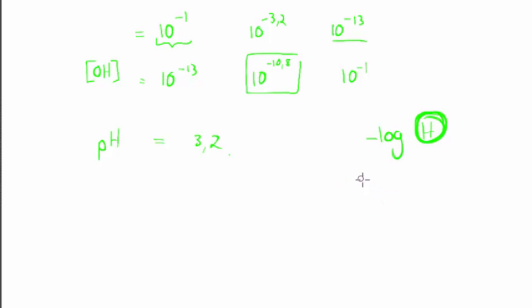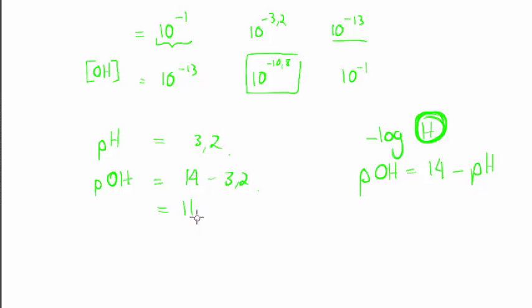So I must use, I want pOH. Now if I have pH, all I do to get pOH is take 14 minus pH. So if I know pH, I know pOH is equal to 14 minus 3,2.